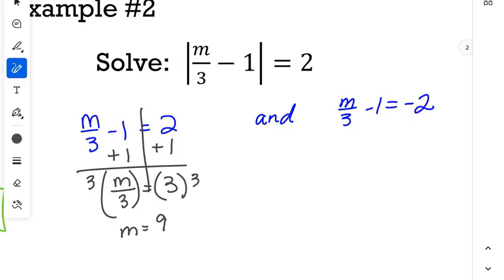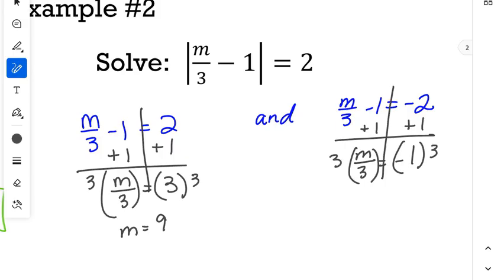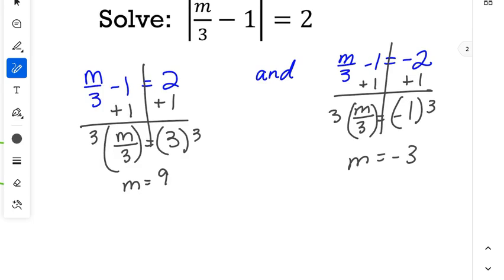So m equals 9. And then we would do the same thing over here. We're going to multiply by 3. We get m equals -3. Okay, so we have two solutions, but we've got to see if they both work.